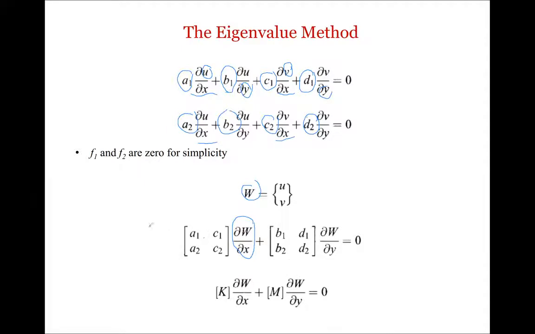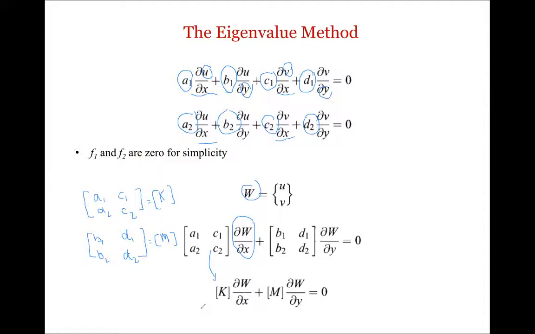Now put the matrix a1, a2, c1, c2 equal to K, and b1, b2, d1, and d2 equal to M. So putting the values of K and M in the equation, this must be replaced by this and this.